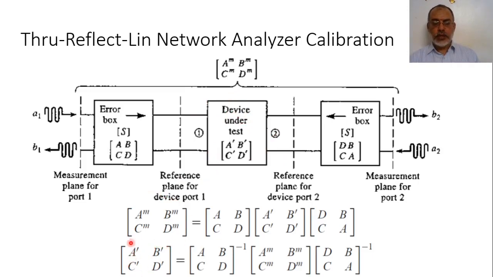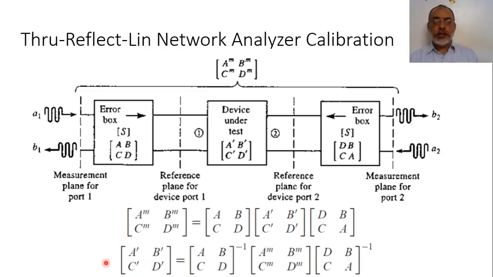The ABCD of the device under test is given by ABCD to the power minus 1 multiplied by the measured ABCD multiplied by DBCA to the power minus 1. So we are going to multiply both sides by these two matrices. The remaining part here is the ABCD of the device under test directly in terms of the measured ABCD parameters.